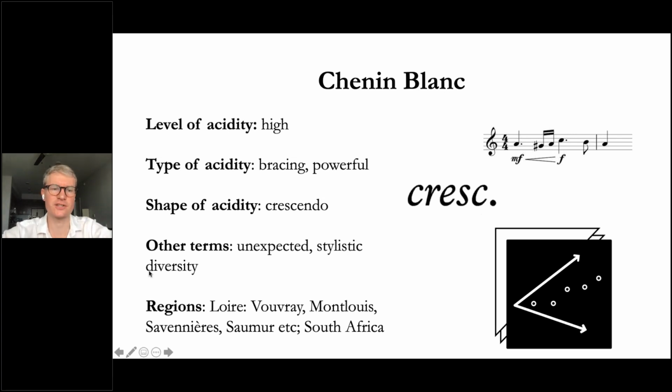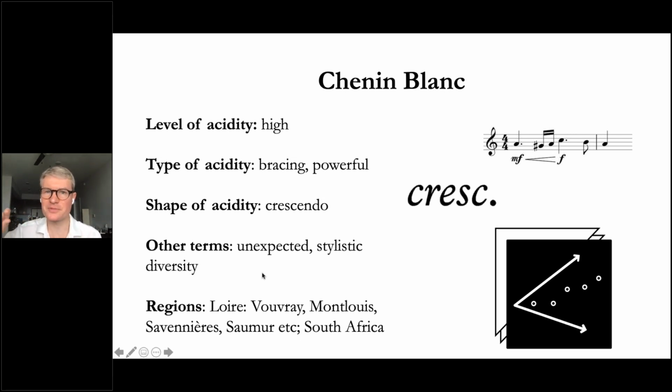The other terms section of this slide, just a couple of things. Unexpected: the reason I put unexpected in there is because when you first taste a Chenin Blanc, often you get a softness at the beginning. Now, if it's in South Africa, that's the softness of fruit, usually. There's a lot of fruit in those South African examples. And then you're thinking, oh, I'm in the presence of a warm climate, tropical tasting Chardonnay, maybe.